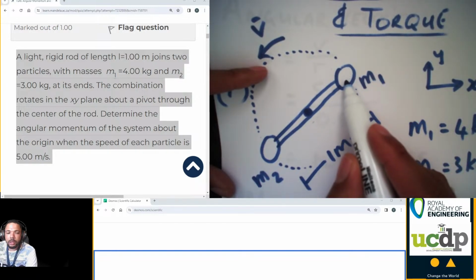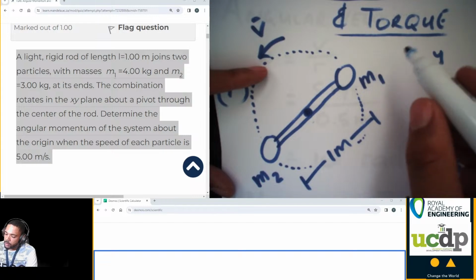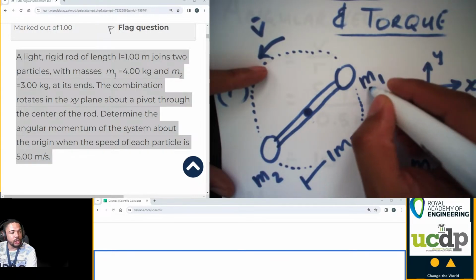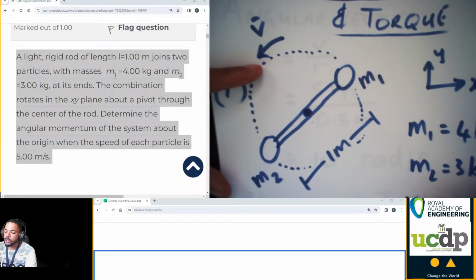The angular momentum of m1 is equal to the inertia of m1 multiplied by the angular velocity of m1, and the angular momentum of m2 is equal to the inertia of m2 multiplied by the angular velocity of m2.